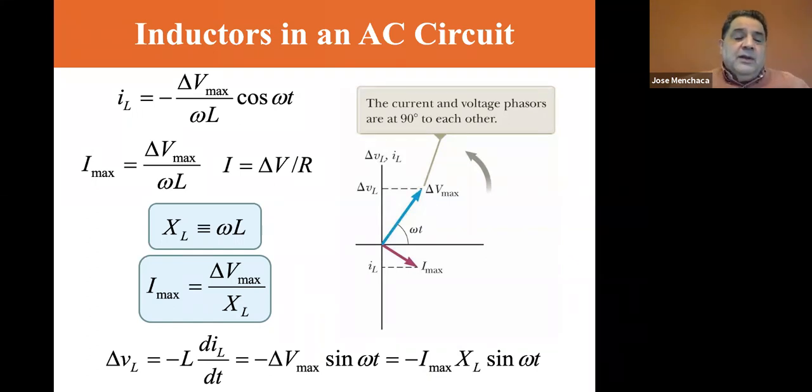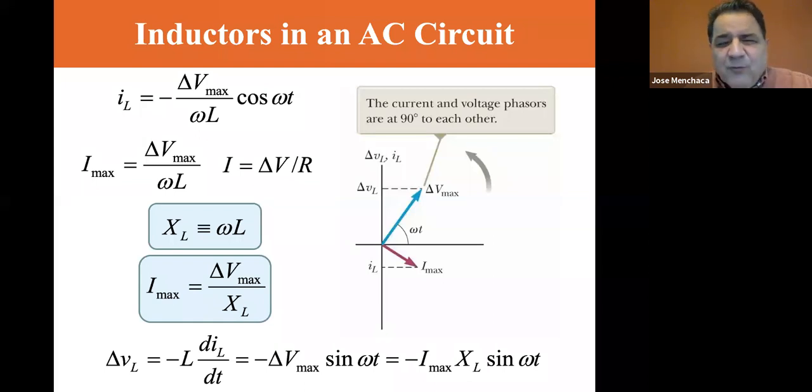Well, I max equals delta V max divided by X sub L. X sub L is equal to 2 pi fL, so there's the frequency component in there. Since it's in the denominator, it's inversely proportional to the frequency. So if the frequency goes up, I max goes down. If the frequency goes down, I max goes up. Remember, it's 2 pi fL that determines X sub L.